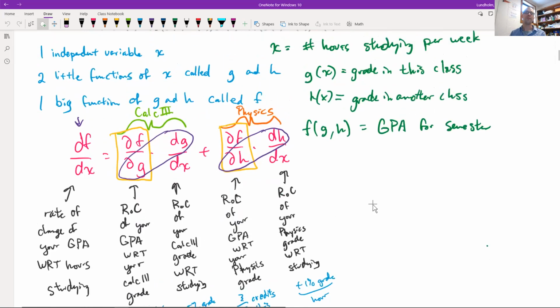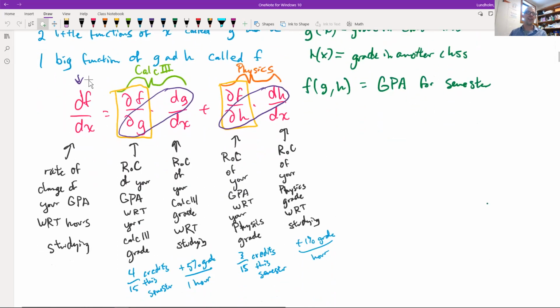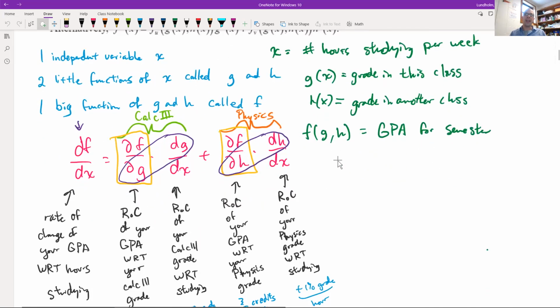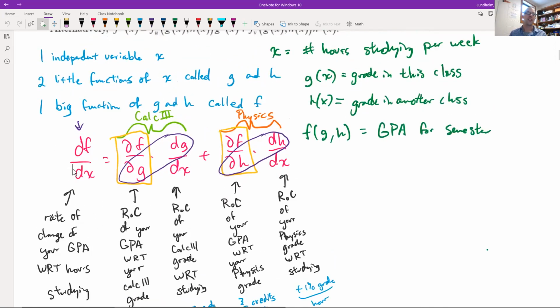So one way to put some labels and understand what each one of these is: df/dx, where f is the big function on the outside. F is a function of g and h. That would be the rate of change of your GPA with respect to the amount of hours that you studied. So this is the rate of change that we want to get in the end.